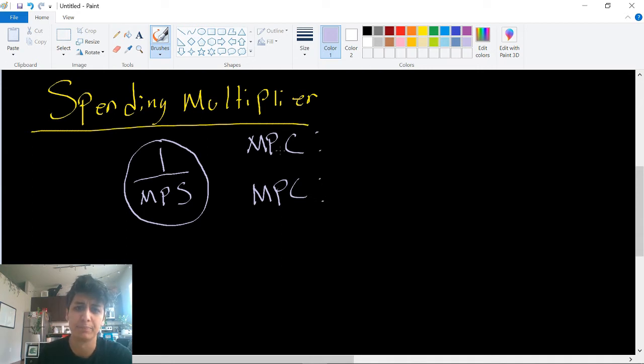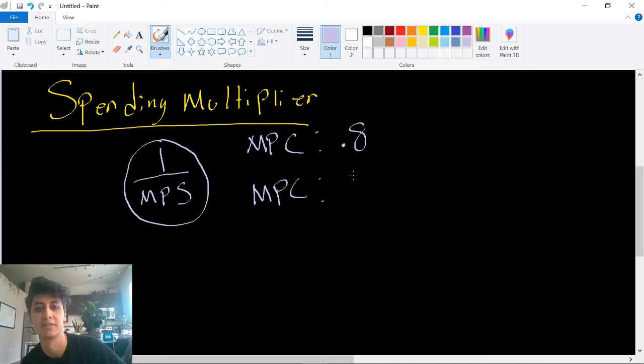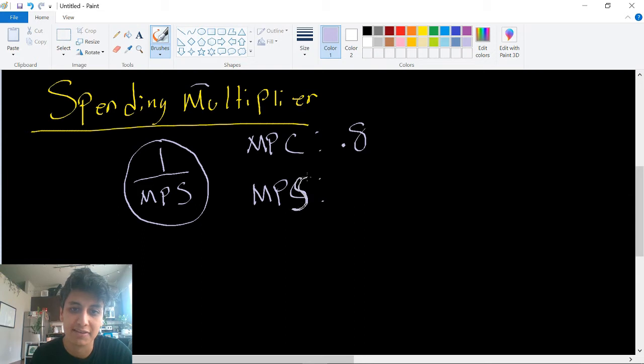And it says in this problem that the marginal propensity to consume for Canada is 0.8. This means if we were to give every Canadian $100, every Canadian would spend 80 of those dollars. Right? And so the marginal propensity to save, I'll just figure it's an S. Let's just make that one big S. So Canadians are spending 0.8 of every dollar they earn, which has to mean they're saving 0.2.